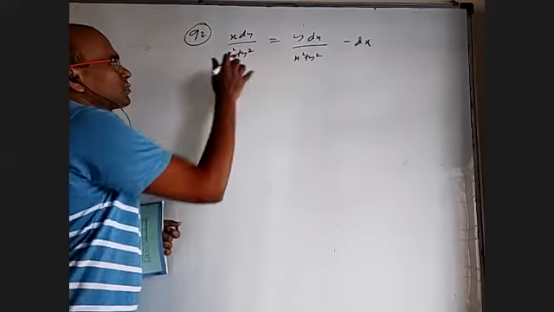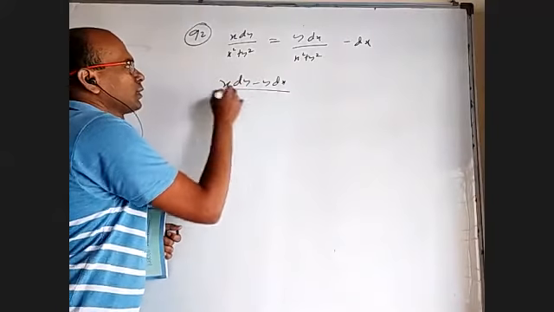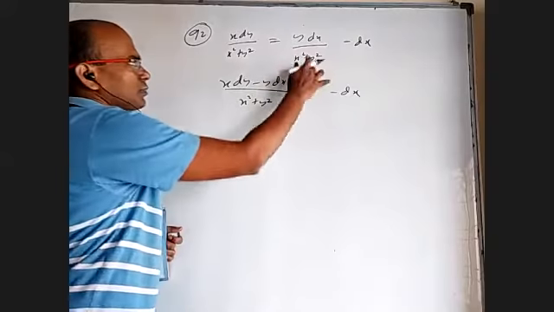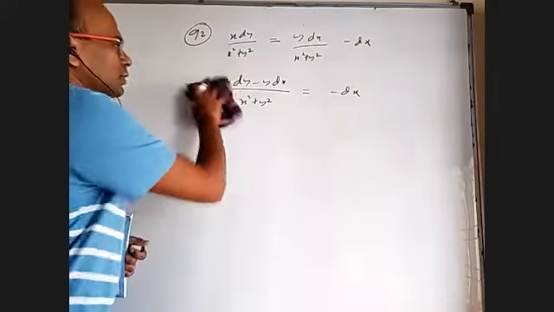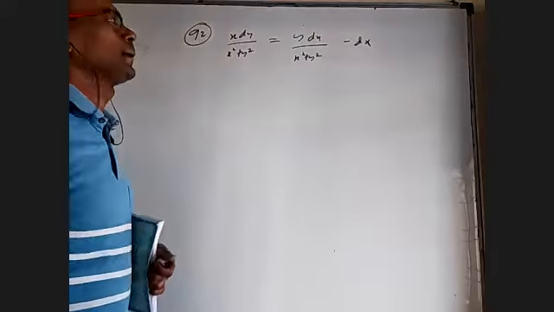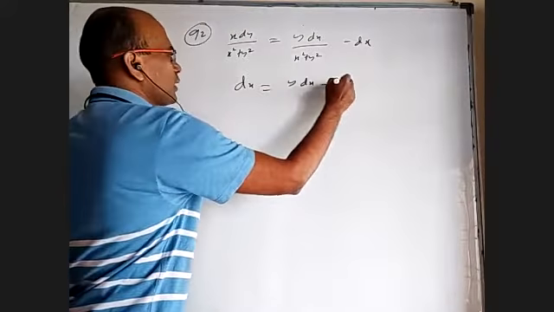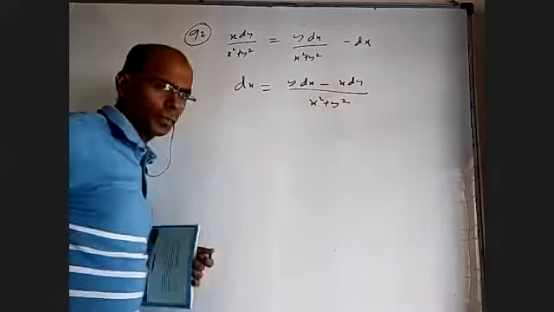Now I am going to bring this one this side: (x dy − y dx)/(x² + y²) = −dx. I can bring this one here and dx this side also, depending on the requirement. Everything is fine. dx = (y dx − x dy)/(x² + y²).